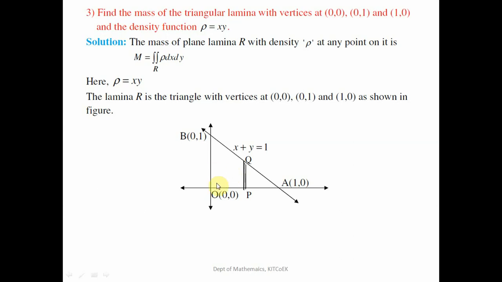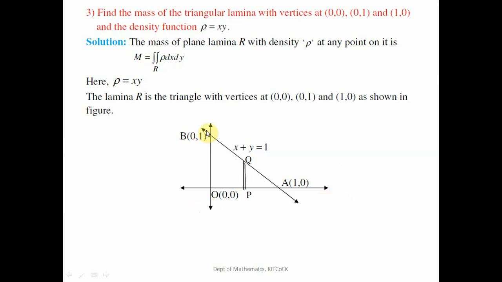Whenever the region of integration is known to us, we must know the equations of the boundary curves of that region. So here the boundary curves of this triangular region are the lines OA, OB and AB. The line OA is simply the x-axis, so its equation is y equal to 0.